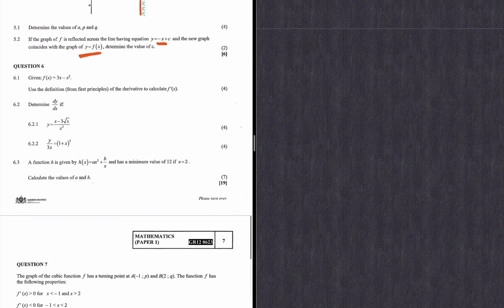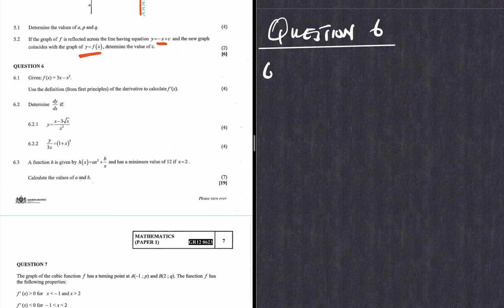Now let's check question 6. That is calculus. We have spent so much time. I want to spend 30 minutes, but I think I've overused my duration here. Question 6. It's basically your most favorite question.